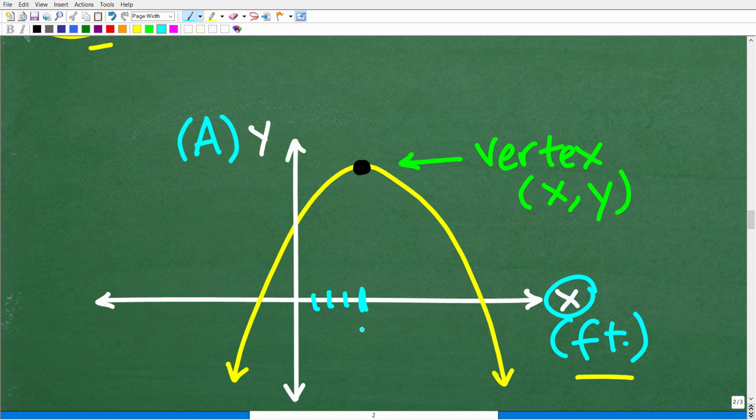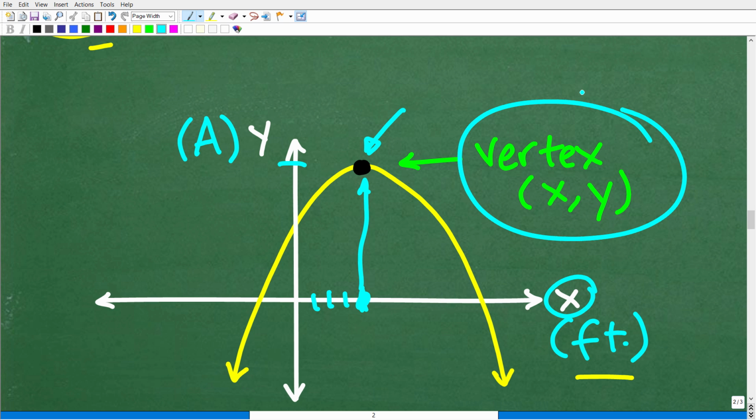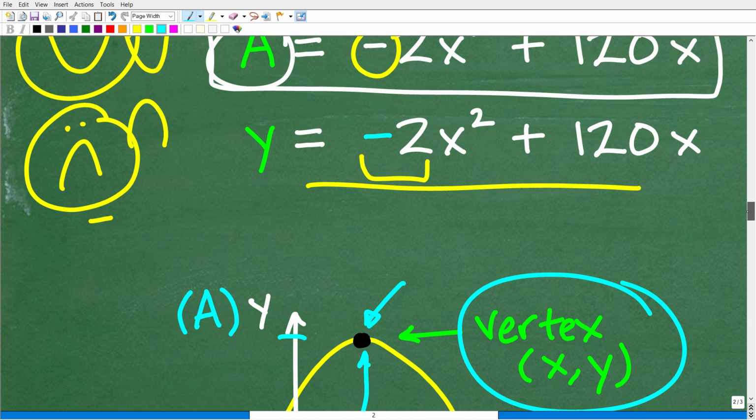There is a particular value, okay, that we want to figure out, and that amount is going to correspond to the maximum area. So really what we're talking about is finding the maximum or the very top of this parabola, and that is a specific xy point called the vertex. Okay, so this is what this question now is all about. How do we find the vertex of this function right here?